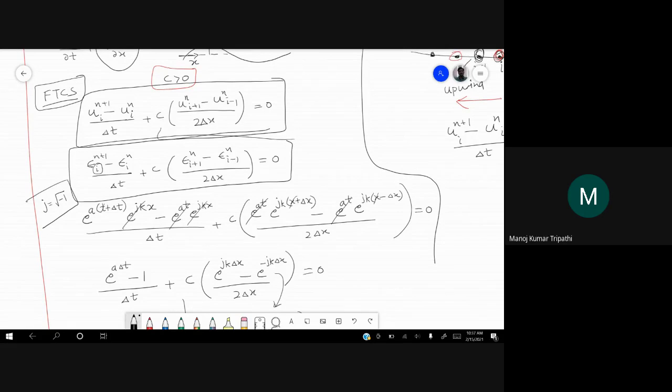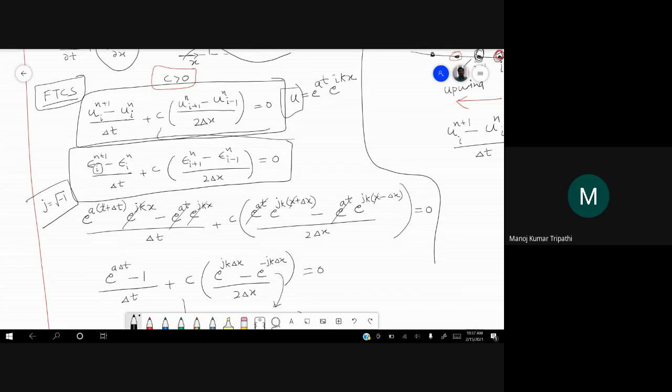So if the solution is periodic, that is, if you can express that also as U equal to e raised to the power at, e raised to the power I kx, iota kx, then you will get growth or the amplification for U also.